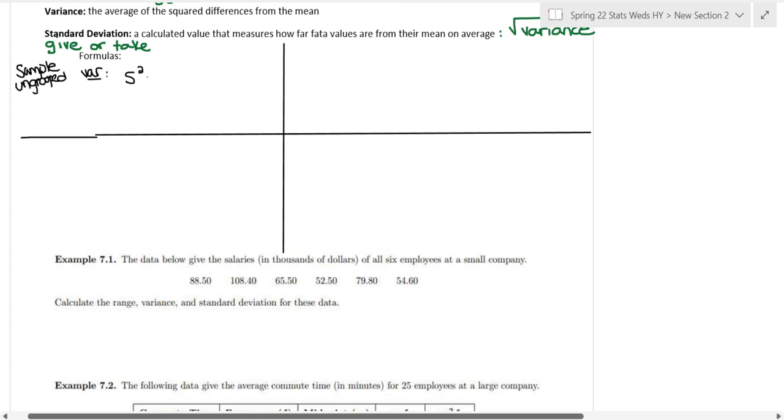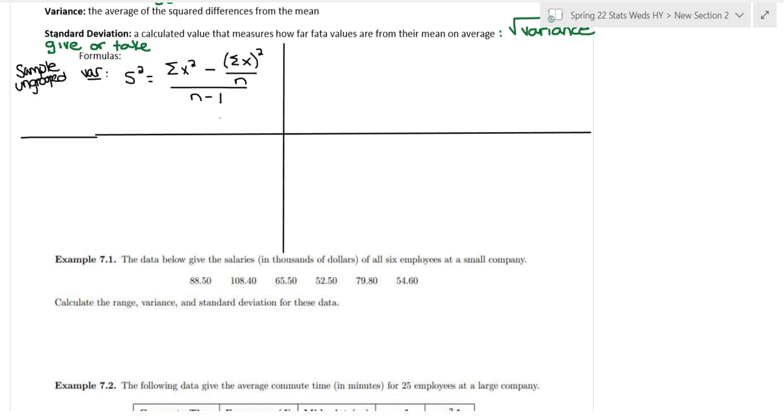So we say S squared equals the sum, so sigma x squared, the sum of x squared, minus, and then we have parentheses, the sum of x, and then that squared over n, so our sample size, over n minus 1. And then the standard deviation, which I'm just going to say SD, is the square root of that. So we just say S equals the square root of S squared.